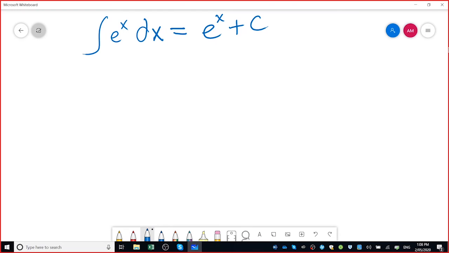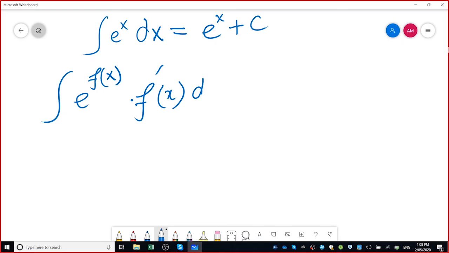Let me take another color. The actual formula says if you have e raised to the power f(x), so you should have a derivative of f(x), dx.